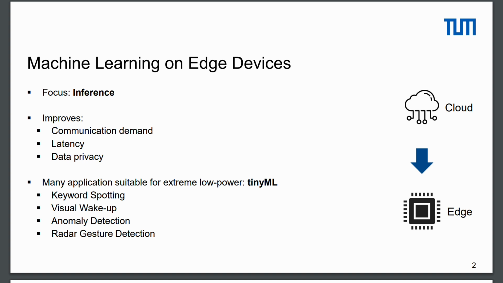When moving from the cloud to the edge, you get improved communication demand. You might no longer need the communication. You have lower latency in your application to respond to certain tasks, and you don't need to send possibly sensitive information around the network.